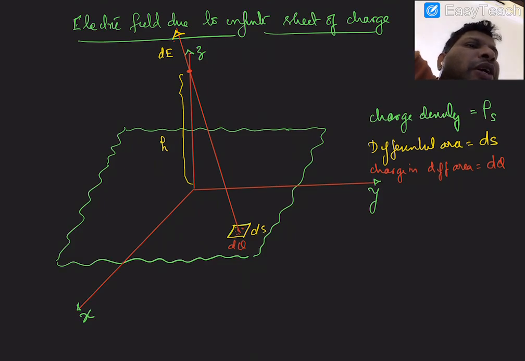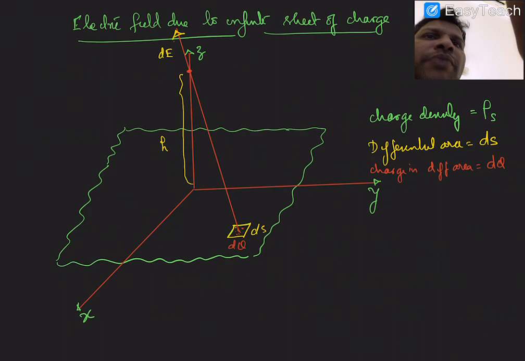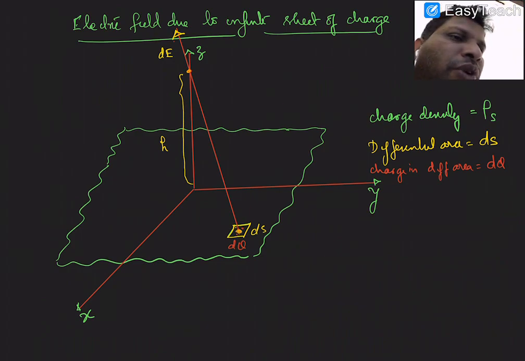Now we will first define what our points are. Our points are this point and another one. My point in the xy plane can be defined using rho, phi, and z equal to 0.